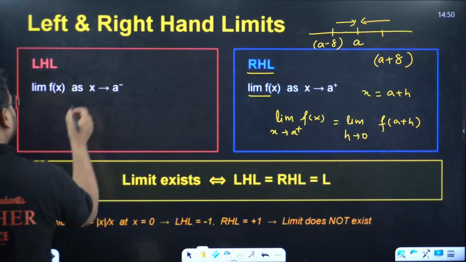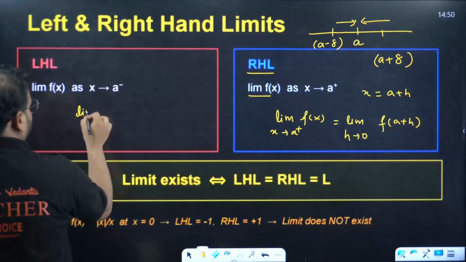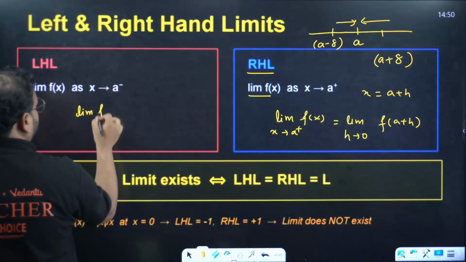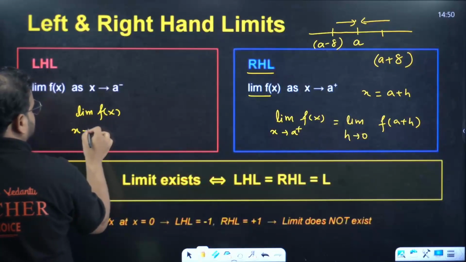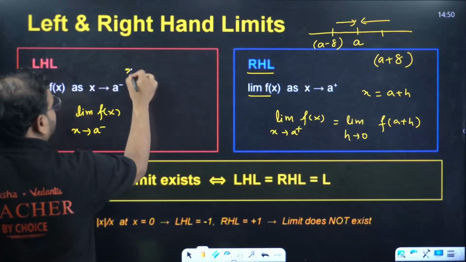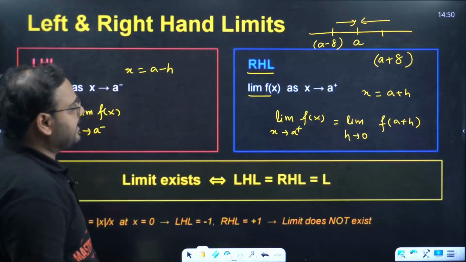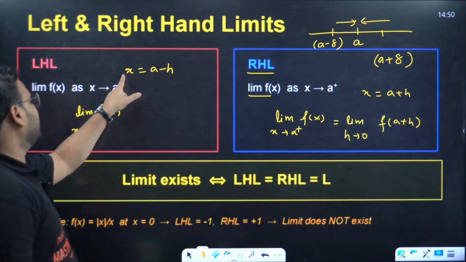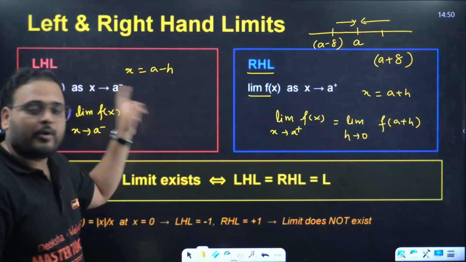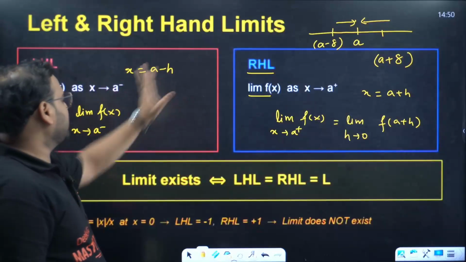Whereas in this case, if you write limit of f(x) when x tends to A minus, again you replace x by A minus h. Again, if x is going to A, h will become 0.